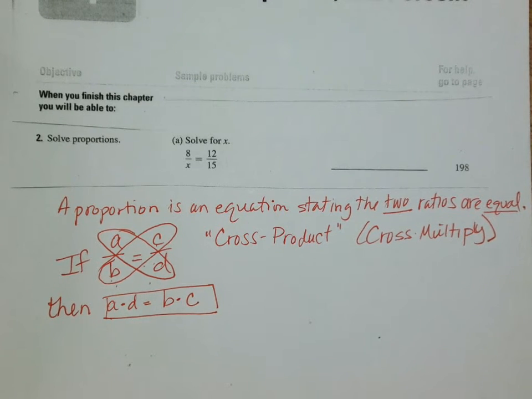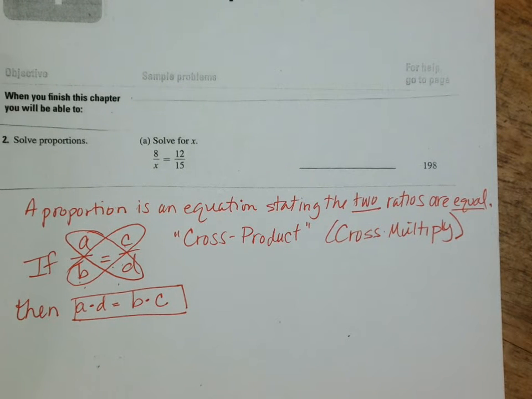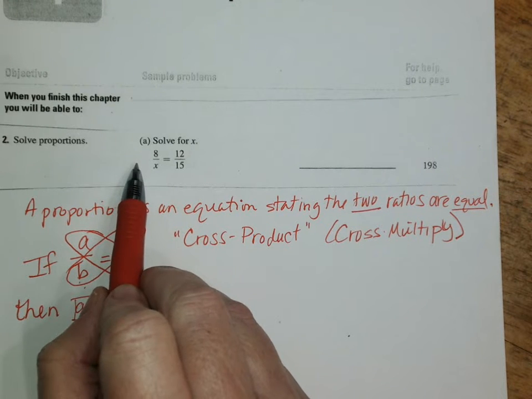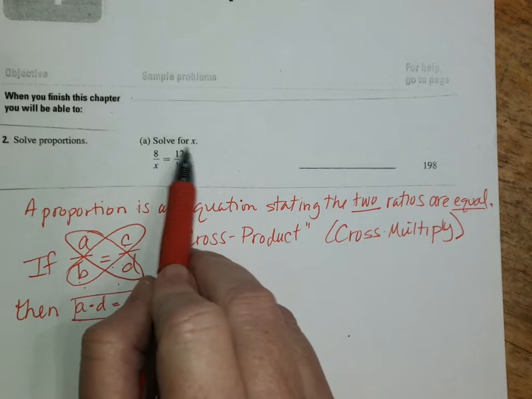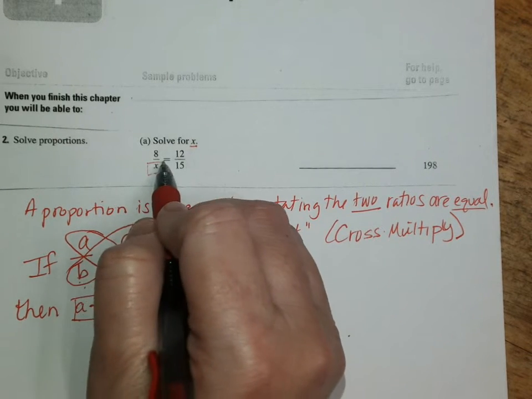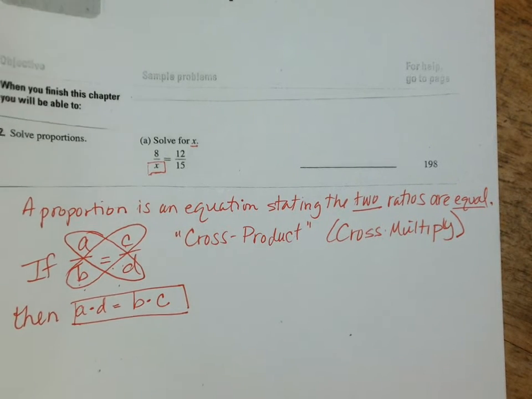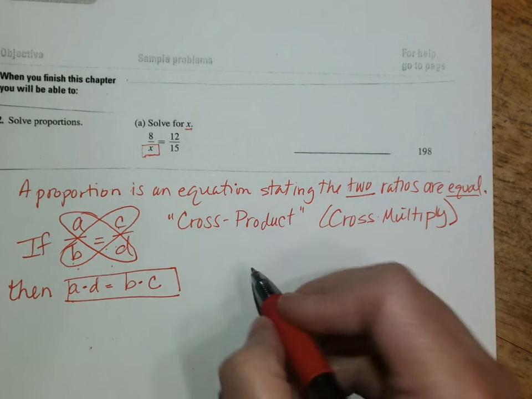So, up here, problem 2a asks us to solve for x. Alright, so here's our x. We're looking for that. So remember, we've got our proportions set up. We've got 8 over x, just like we had A over B here. And then we have that it equals 12 over 15, just like we had C over D here.